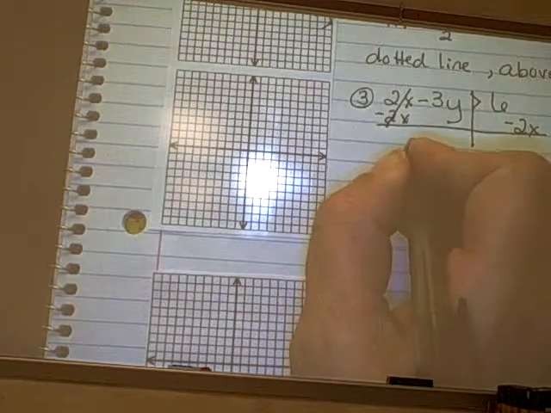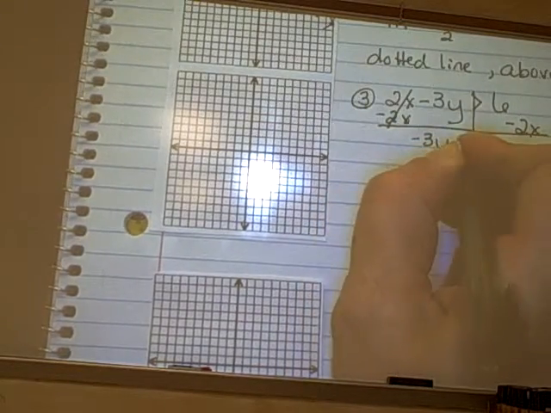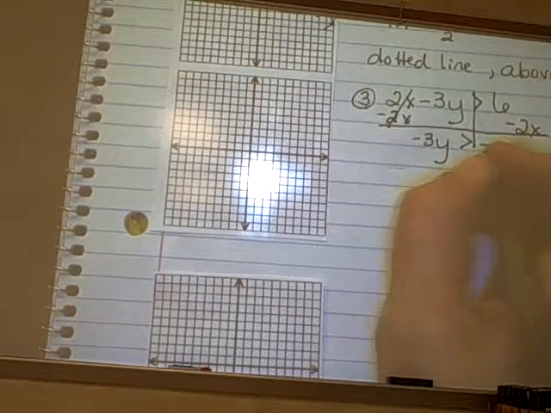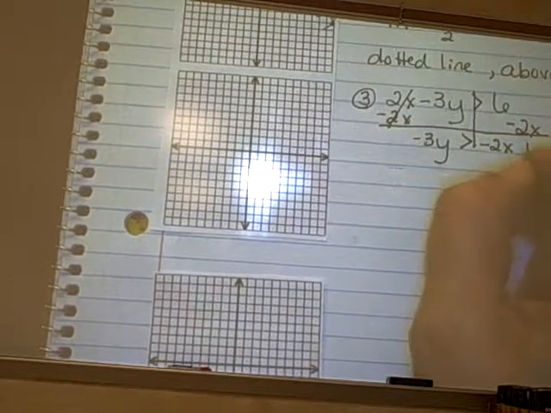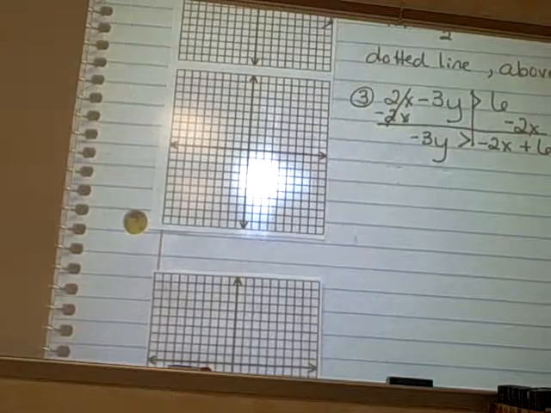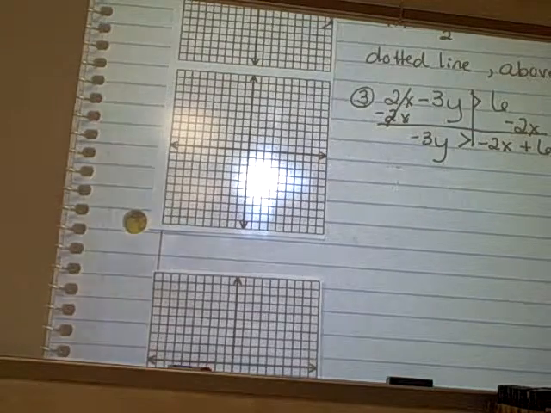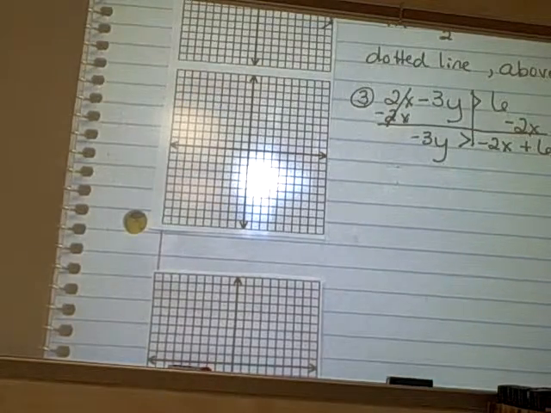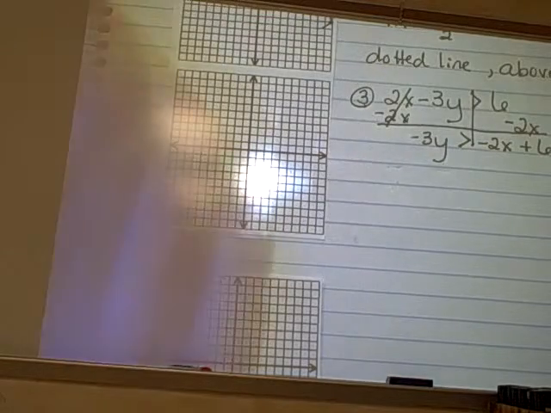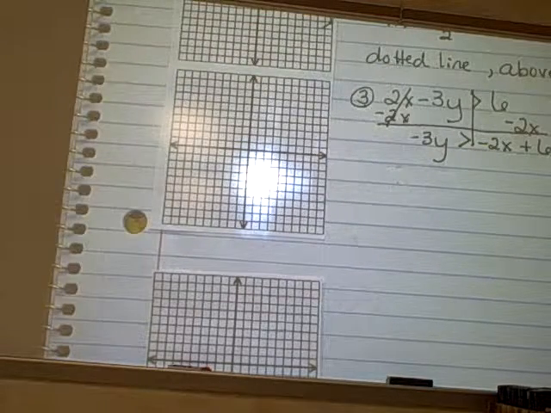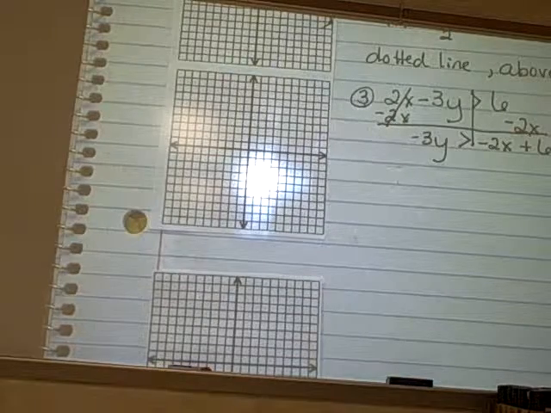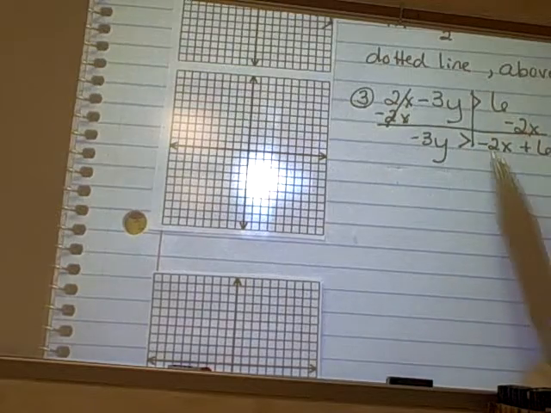So it's going to be negative 3y is greater than, I'm going to put negative 2x in front, plus 6 in back. Why would I do that? I mean, what's the point? Why wouldn't I just put 6 minus 2x? Because I want it in y equals mx, so I want the mx first, plus the b second. Okay, so if I know I have to have it in that order, I might as well do it now.